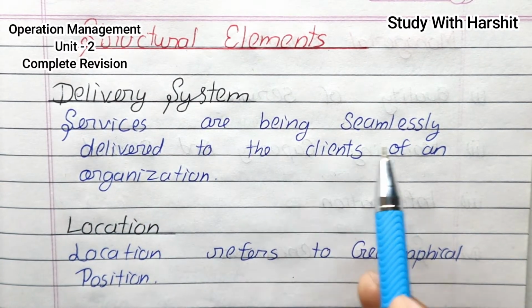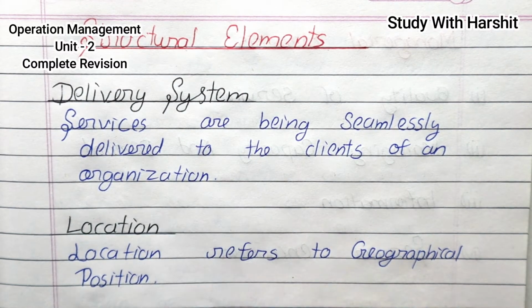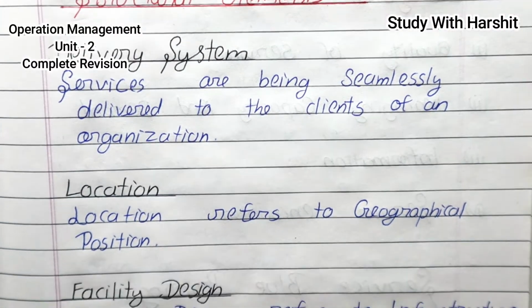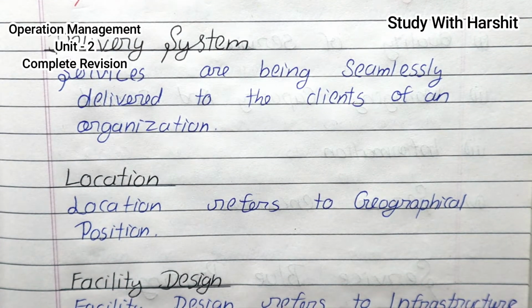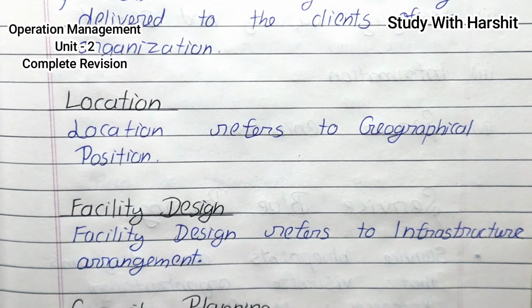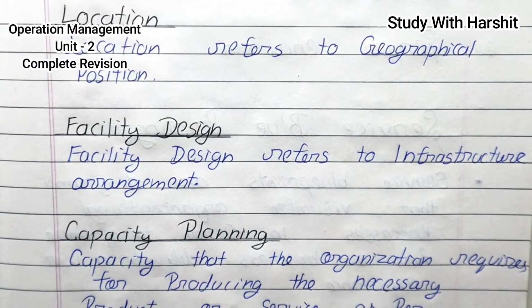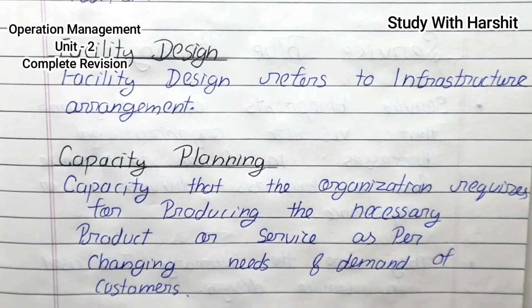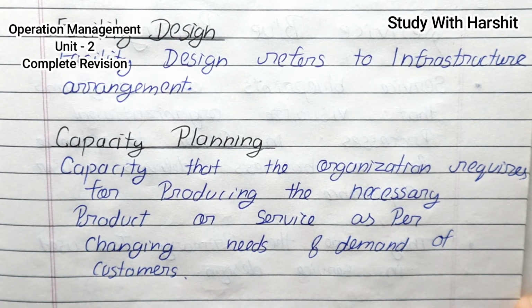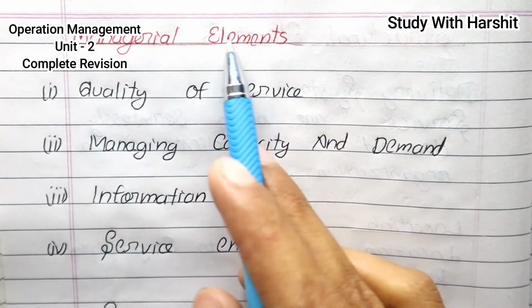Services are seamlessly delivered to the clients of an organization. Location. Location refers to geographical position. Facility design. Facility design refers to infrastructure arrangement. Capacity planning. Capacity planning is what the organization requires for producing the necessary product or service as per changing needs and demand of customers.